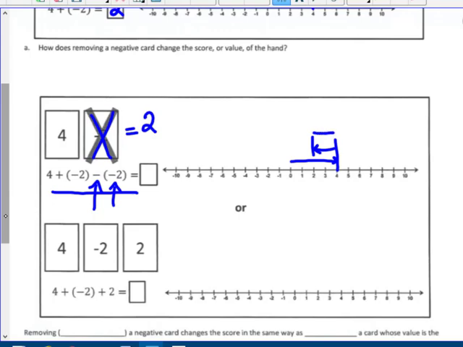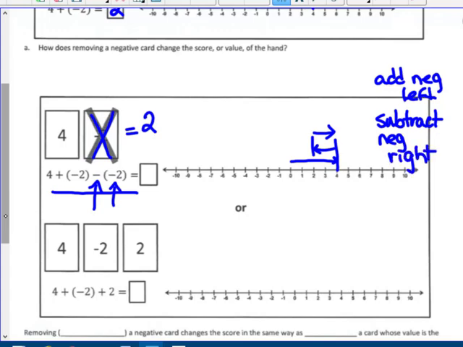It's the opposite. Subtracting a negative, I have to do the opposite. Adding a negative, I go left. But subtracting, because they're opposites, subtracting a negative, you go right. You have to go the opposite direction. So now my value is at positive 4.